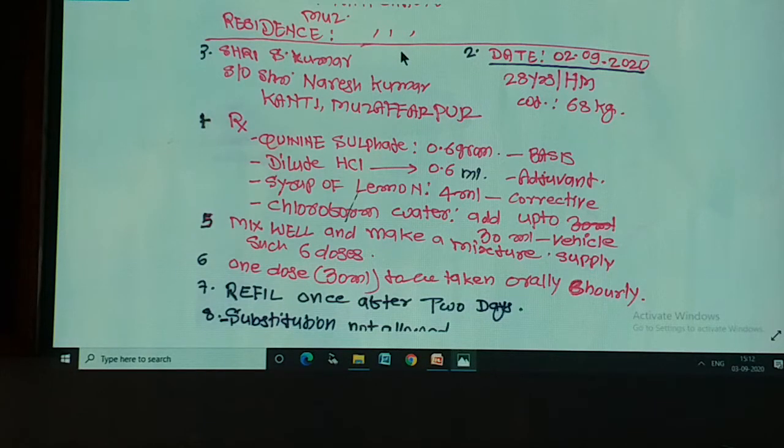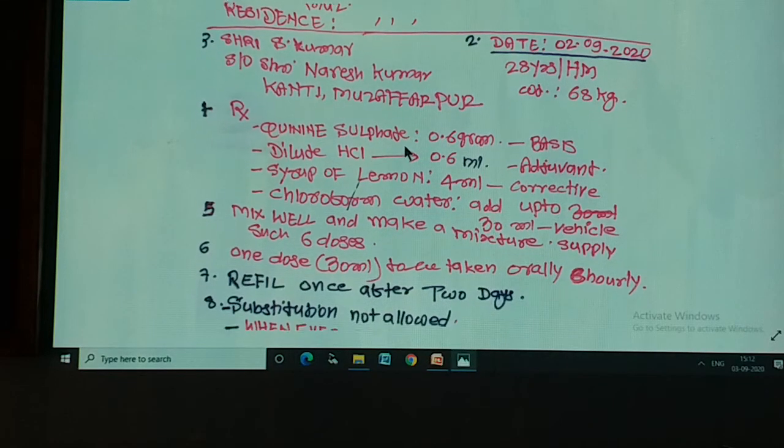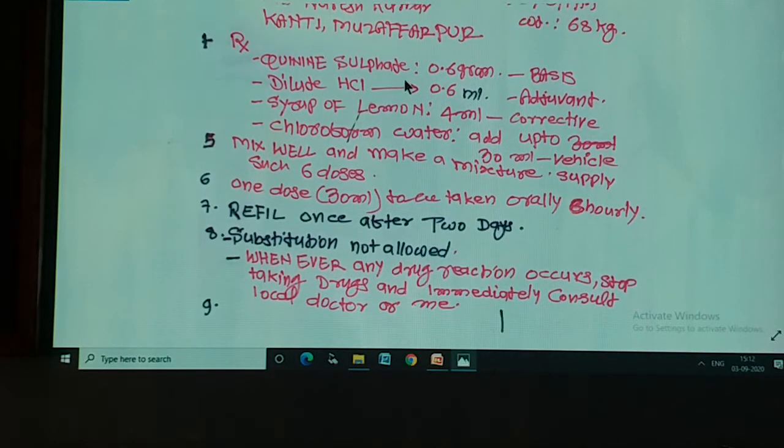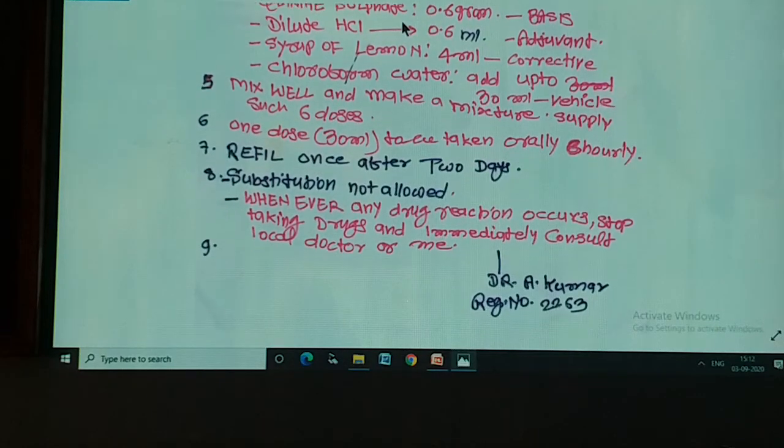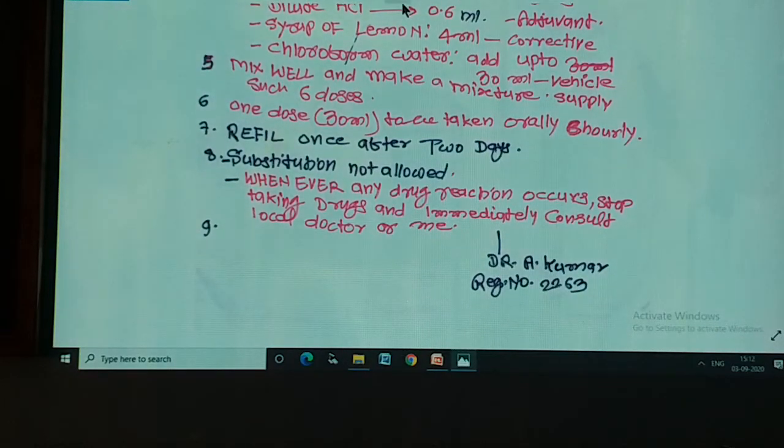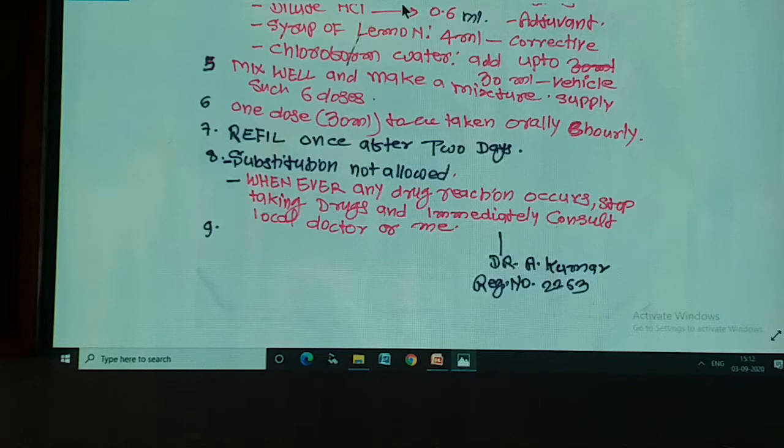Next part of the prescription is subscription, that is direction to the pharmacist. Here, mix well and make a mixture and supply such 6 doses to the patient.